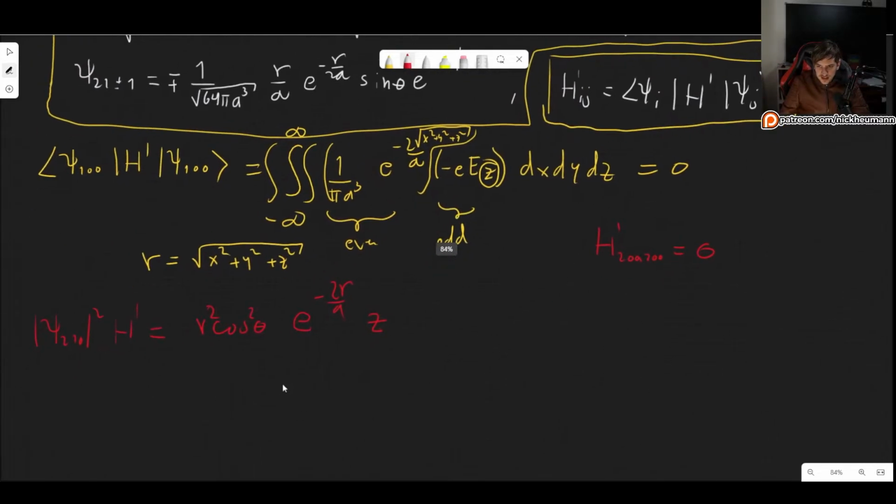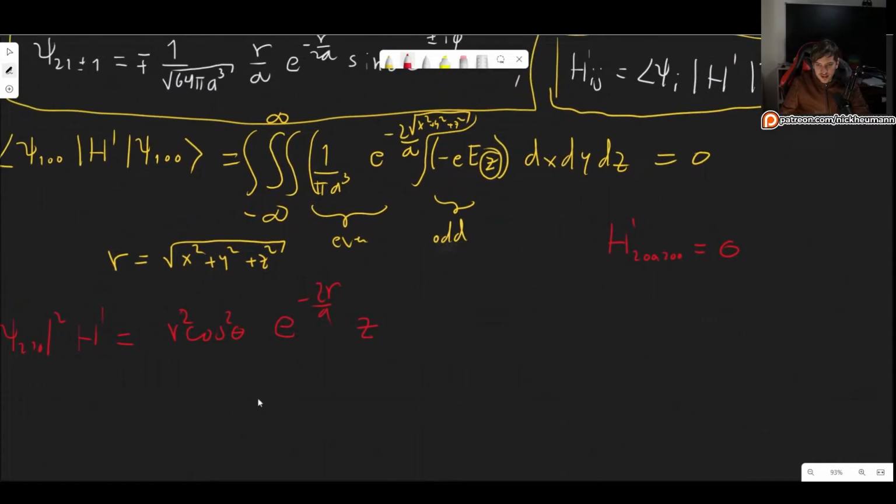So there's a few ways to look at this, but you have to be careful because here we have cosine theta. You know that you can relate the angle theta to some of the Cartesian coordinates. So you have to be a little bit careful. Here, you should keep in mind that z is equal to r cosine theta. So that means that this thing here is z squared.